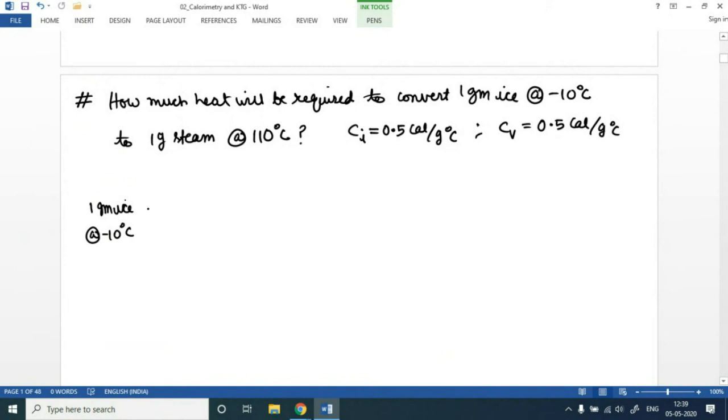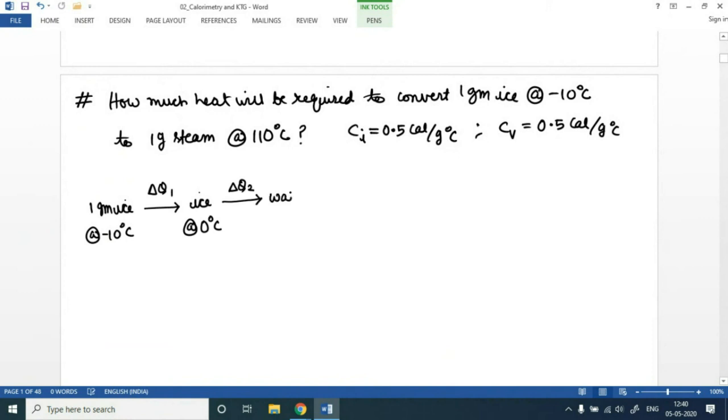You should realize, first when we provide some heat, let's say delta Q1, the first thing that will happen is the ice temperature will rise to 0 degrees Celsius. 0 degrees Celsius is obviously the melting point of ice at 1 atm pressure. After that, if you provide some delta Q2 heat, the phase change will occur and ice will convert into water.